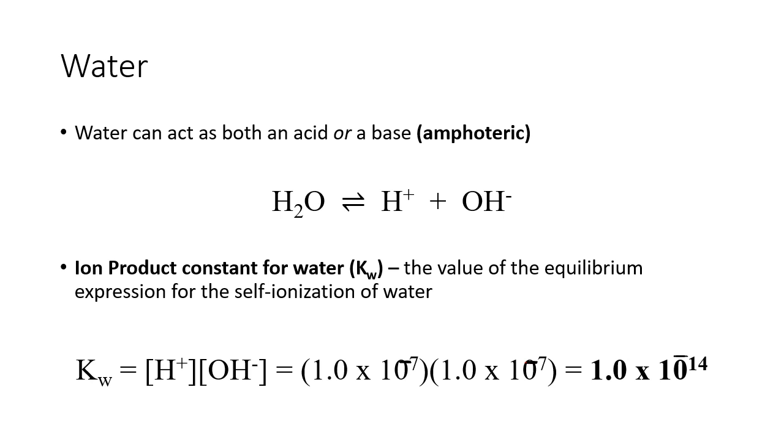So this is going to be the concentration of H+ ions multiplied by the concentration of OH- ions. This value for pure water is always going to be 1 times 10 to the minus 7 times 1 times 10 to the minus 7, and it's always going to come out to 1 times 10 to the minus 14.